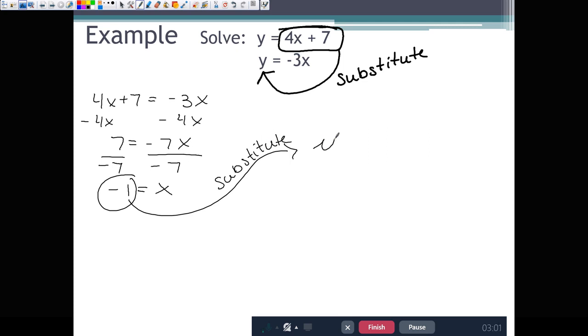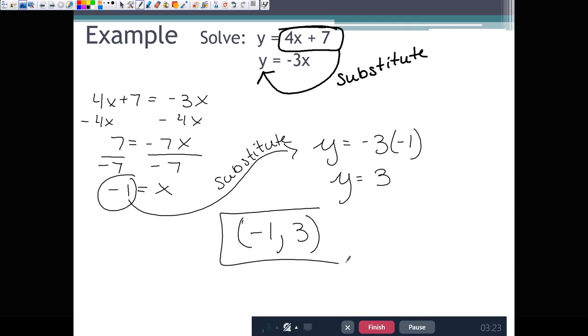I'm going to just do this second one here. It looks easier. So instead of x, I'm going to have negative 1, because that's what my x value is. So negative 3 times negative 1 is 3. Now that I have my x and I have my y, I can write my ordered pair: negative 1, 3. And that is my answer.